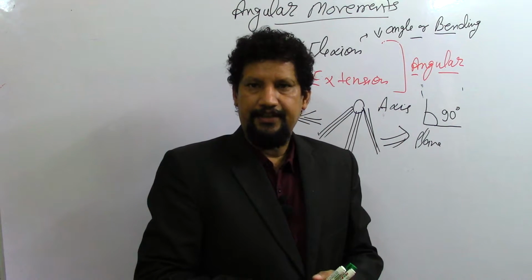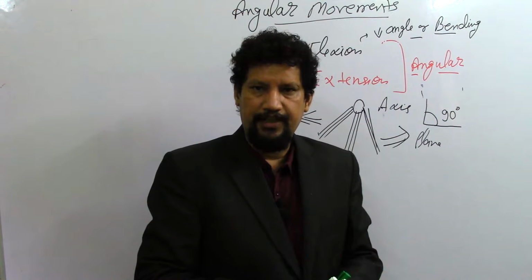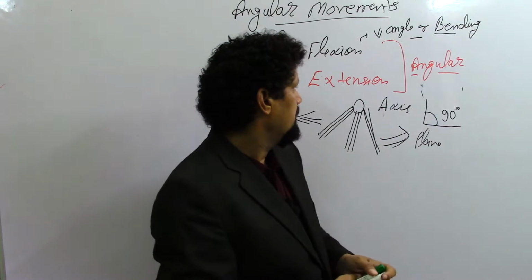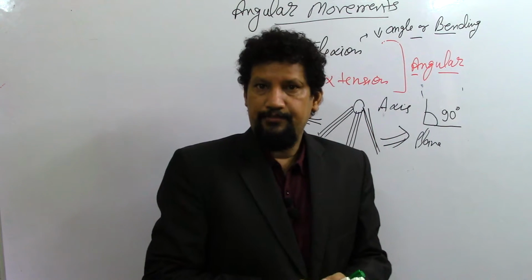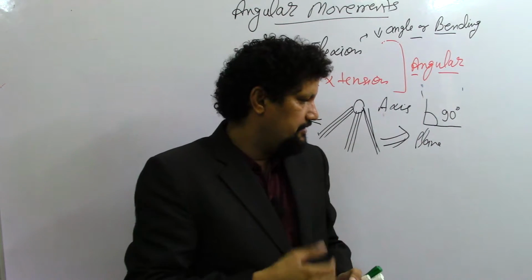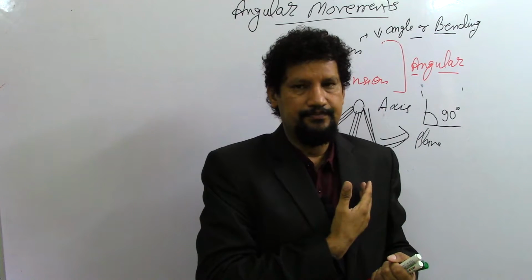The body is divided into 4 basic planes to describe the movements of the body and to describe the relative position of the organs of the body. The median plane divides the body into 2 right and left halves.